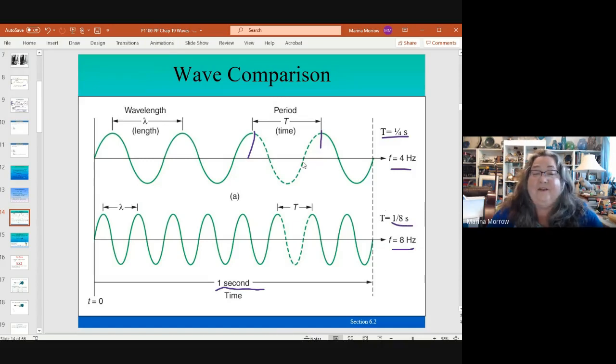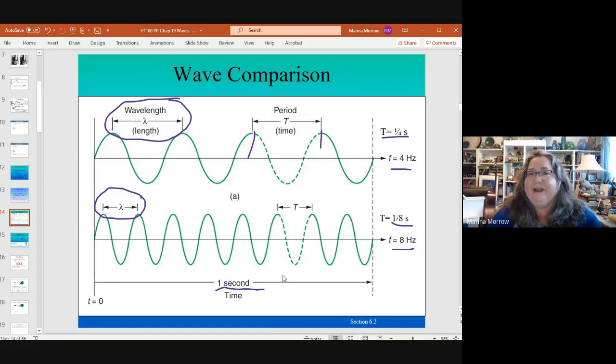Okay, now another thing you might notice is the wavelengths are different. The wavelength for the 4 hertz one is longer than the wavelength for the 8 hertz wave. And this is something that's going to be a relationship that you're going to see over and over again.